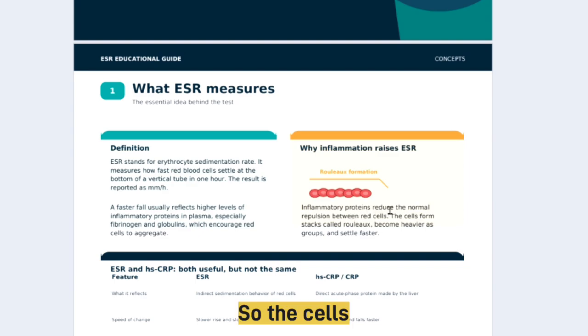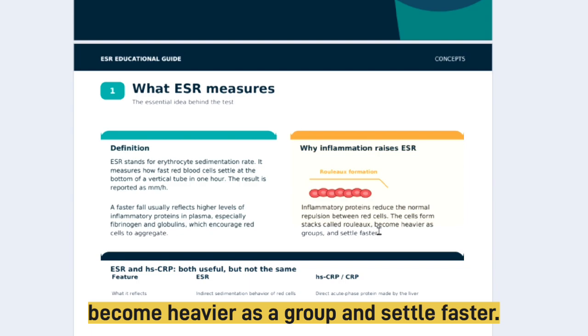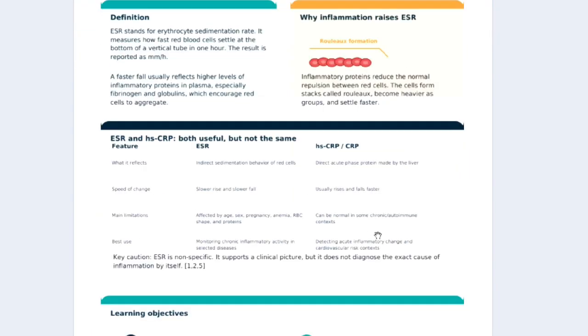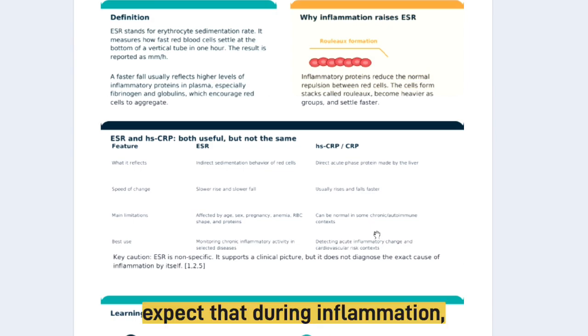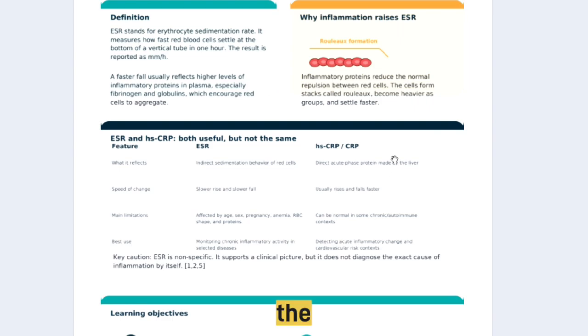So the cells form stacks called rouleaux, as you see here, like cones over each other, become heavier as a group and settle faster. So we expect that during an inflammatory process, the ESR is increased.